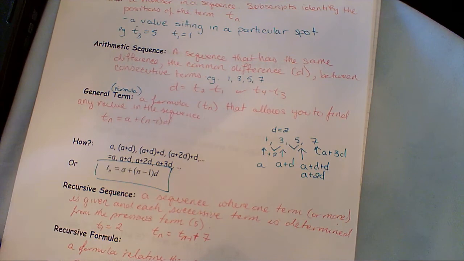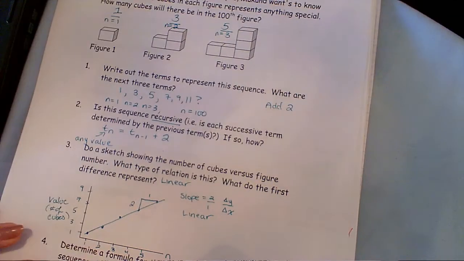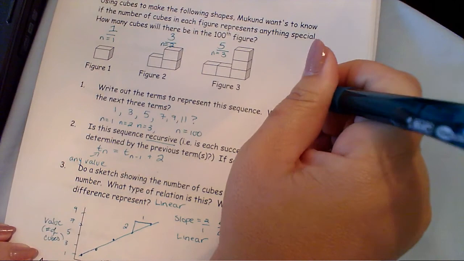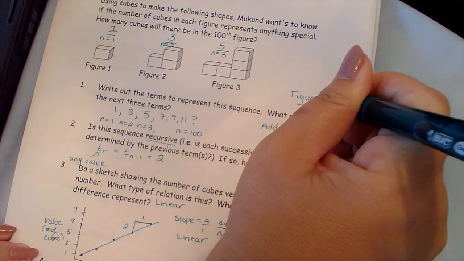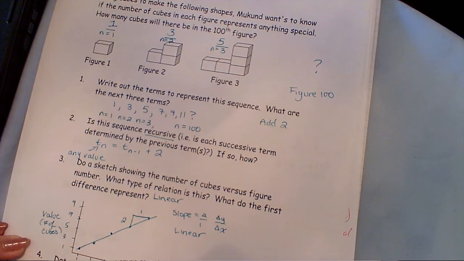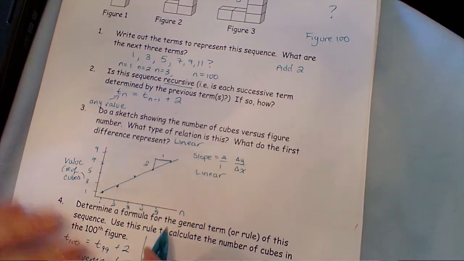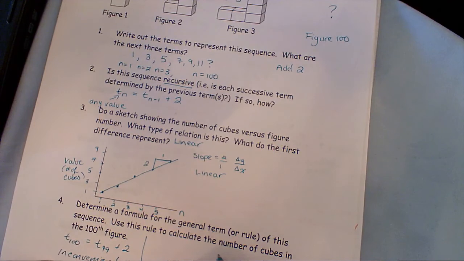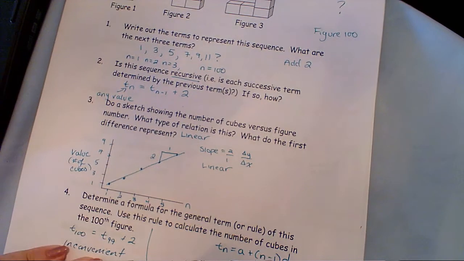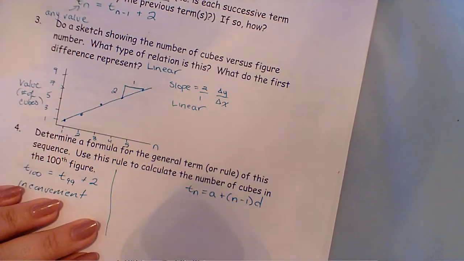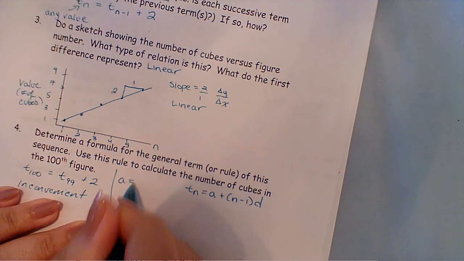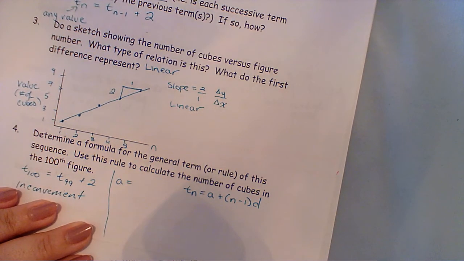Okay, so let's go back now to that first question of the blocks and try to figure out how many blocks would be in figure 100 by using our sequence. We know that our formula is Tn equals A plus (n minus 1)D. The A value is the number at the beginning of the sequence.